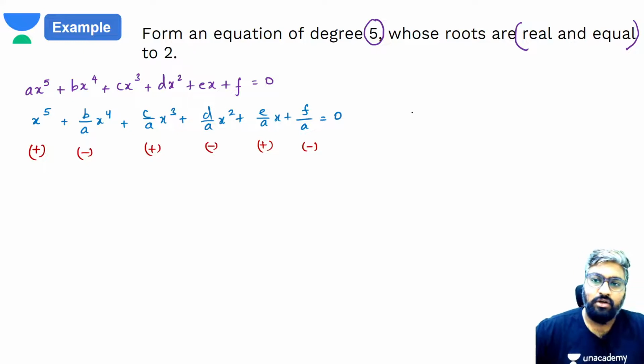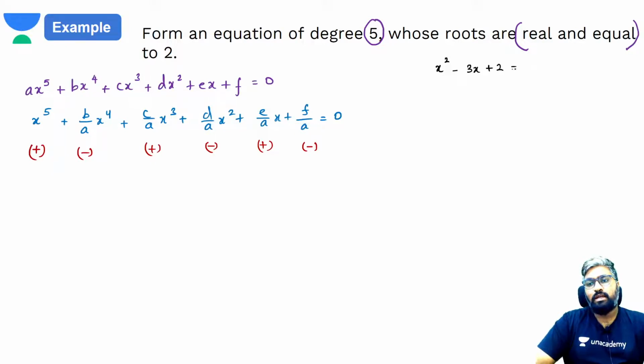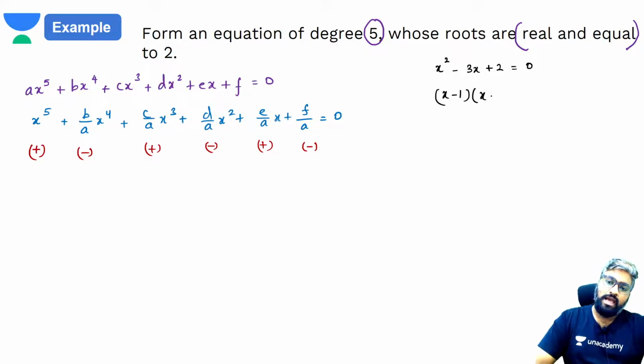Okay, so for this question, let's say we are talking about a quadratic equation, x square minus 3x plus 2 equal to 0. Here, what are the roots? The roots are 2 and 1. We can write this as x minus 1 into x minus 2 equal to 0, correct?